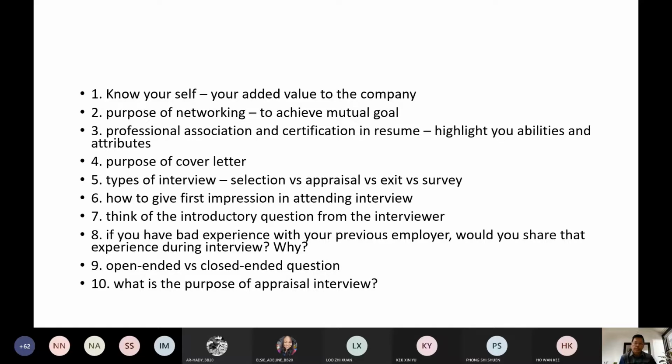So basically these are the 3 paragraphs that should be included in the cover letter.